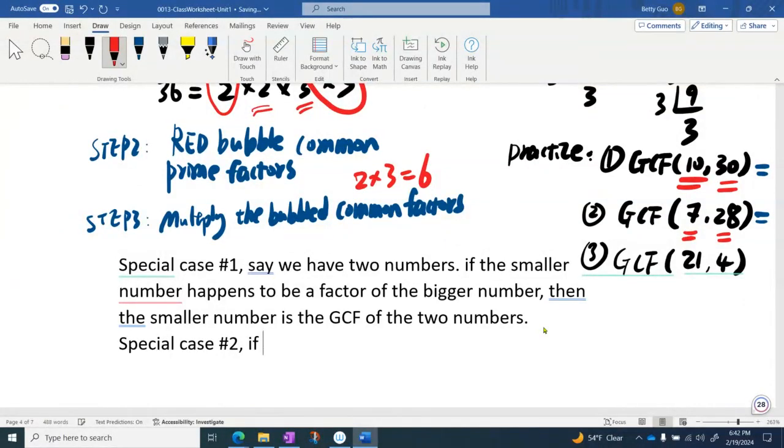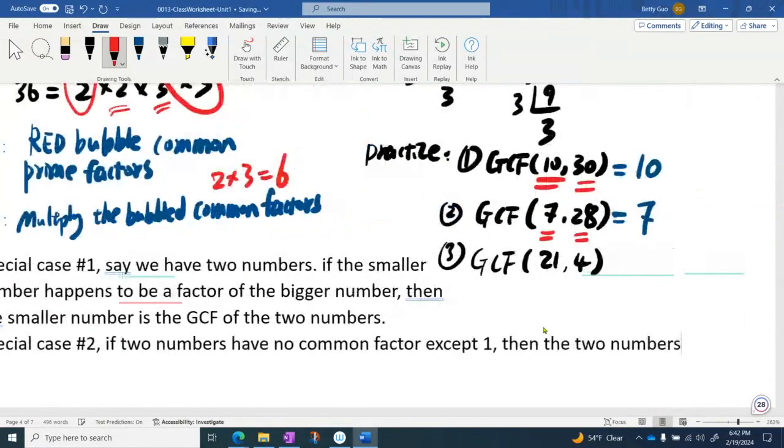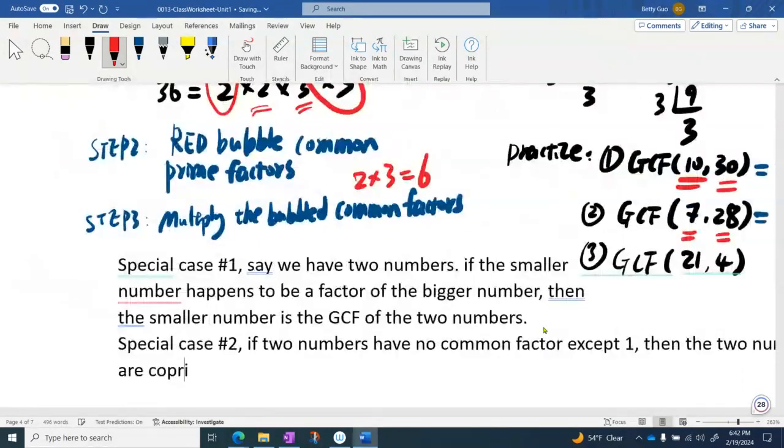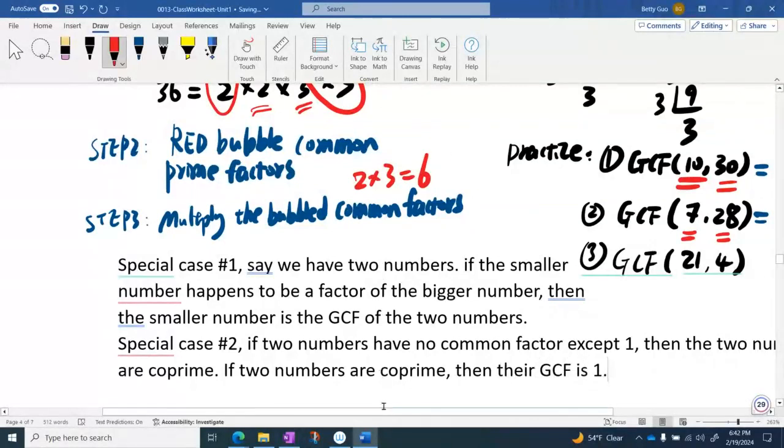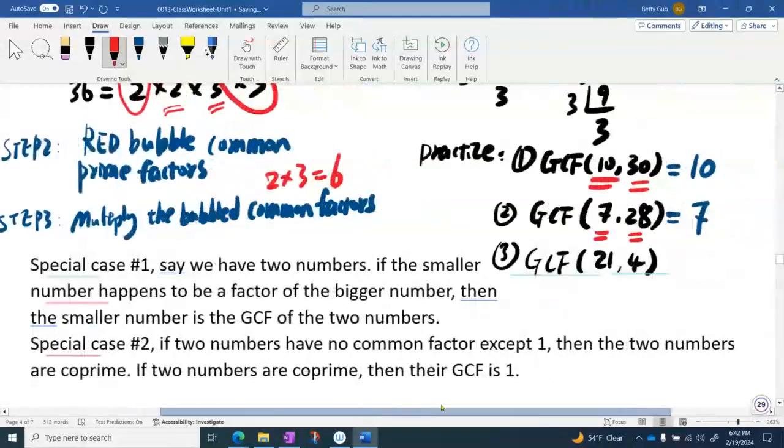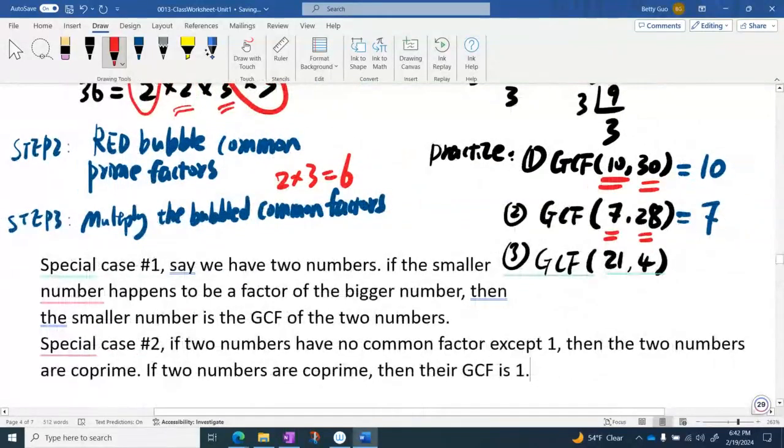If two numbers have no common factor except 1, then the two numbers are co-prime. If two numbers are co-prime, then their GCF is 1. That's the second special case I want you to write down on your note.